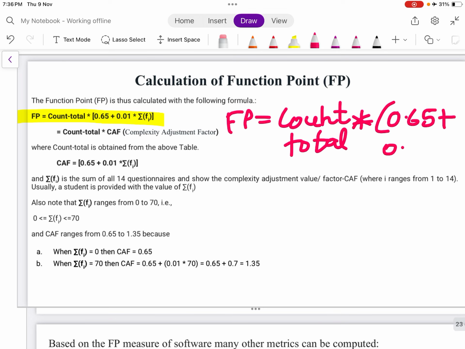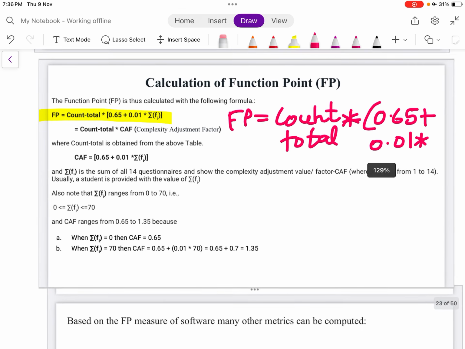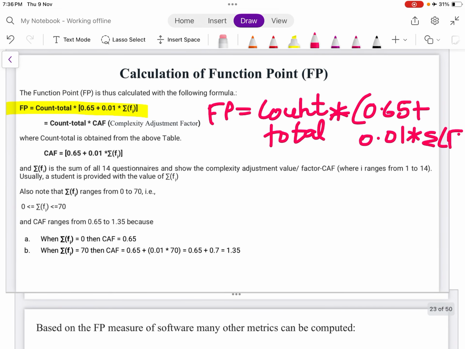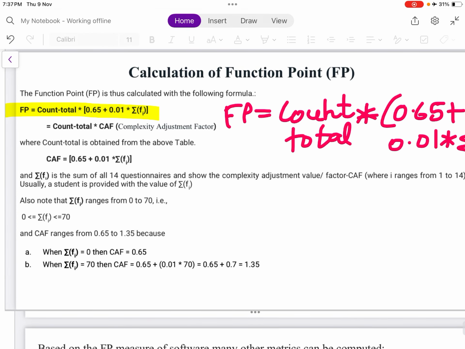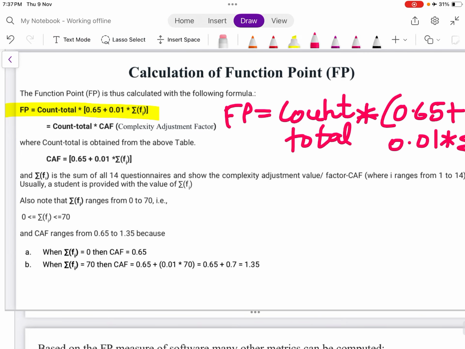Count total into CAF, complexity adjustment factor, where count total is obtained from the above table. CAF is equal to 0.65 plus 0.01 into summation of Fi, and summation of Fi is the sum of all 14 questionnaires and shows the complexity adjustment value or factor CAF, where i ranges from 1 to 14.